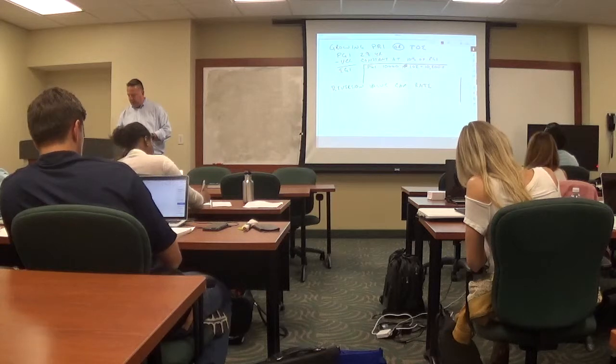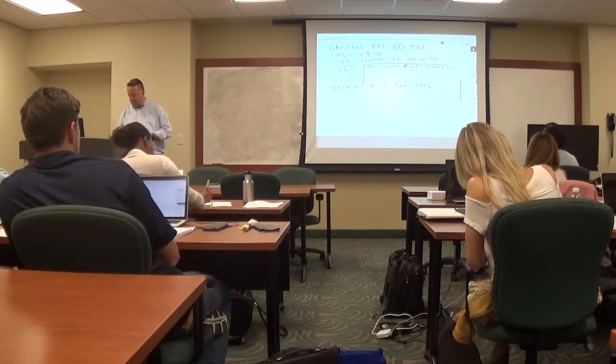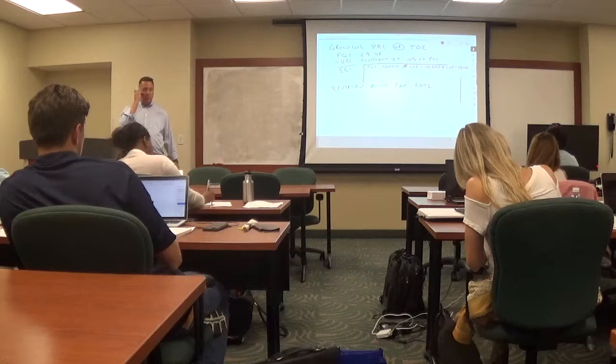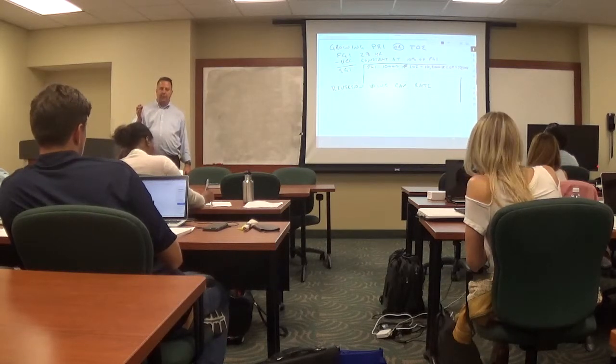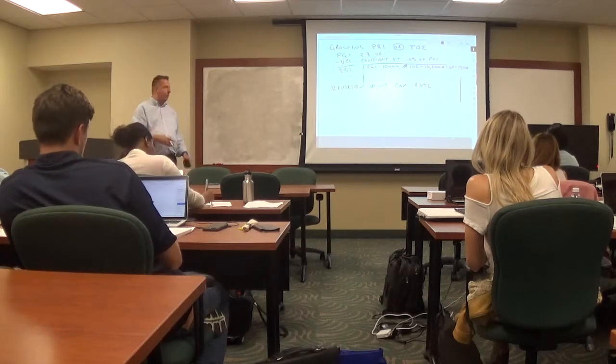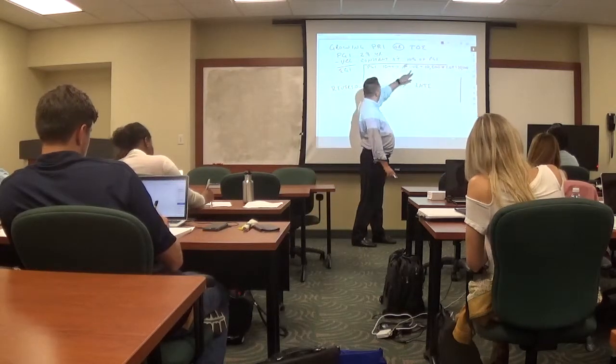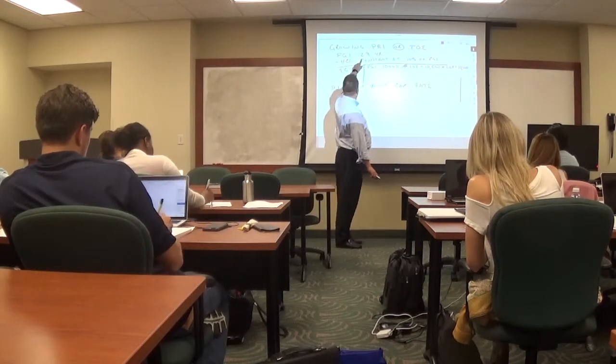To get the third year, multiply it again times 1.02. That's 10,404, and so forth. Does that make sense? Okay, go from one year to the next, 2% growth rate. You're basically multiplying 1 plus the growth rate.